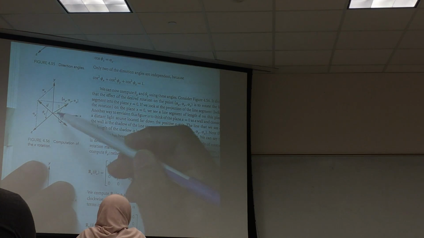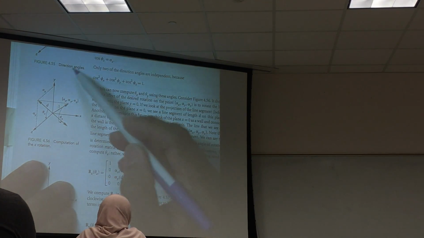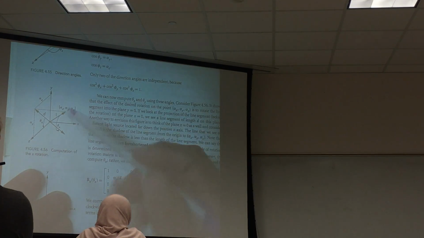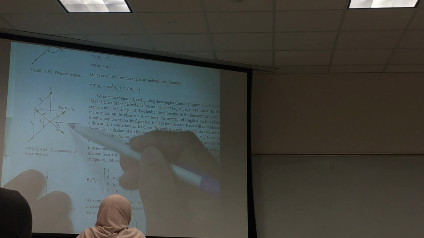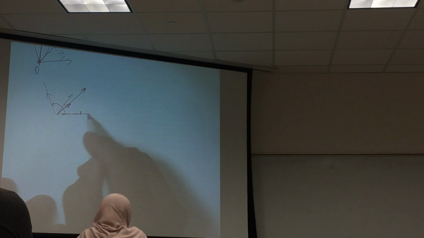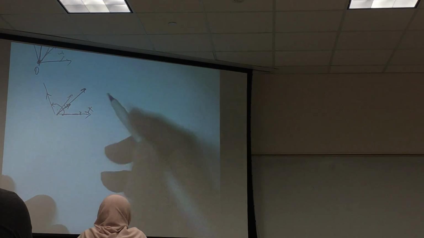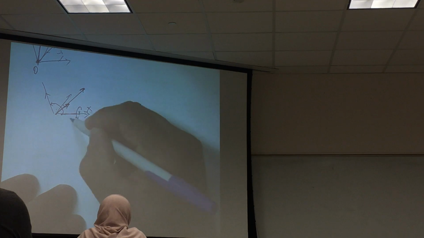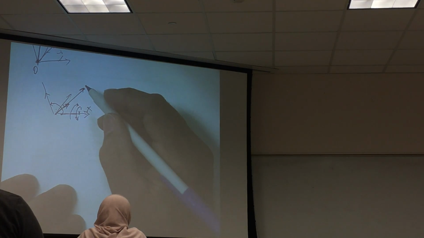You take this vector, the previous vector here, and then flip. We're rotating around x now. Now, if I have this axis here, which way should I rotate? This way or that way? How do I know which way?